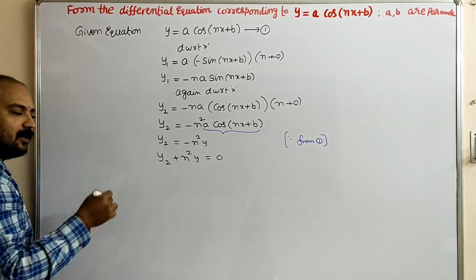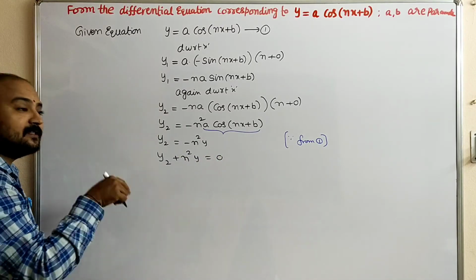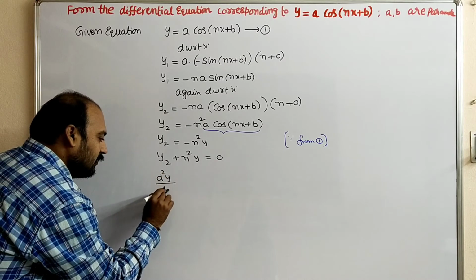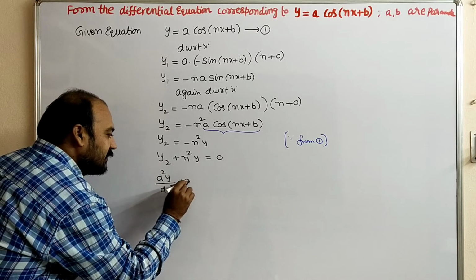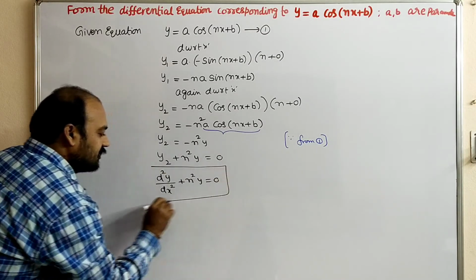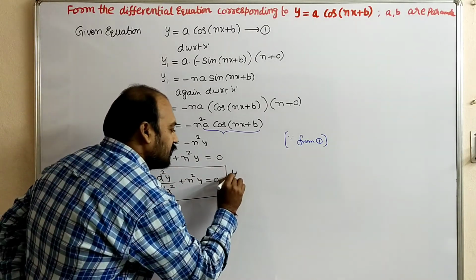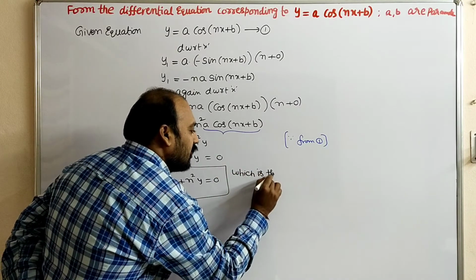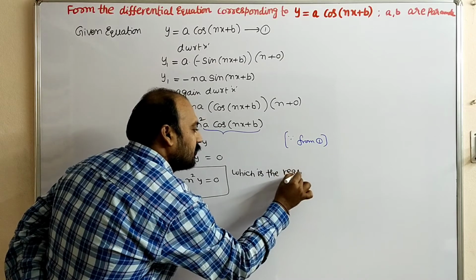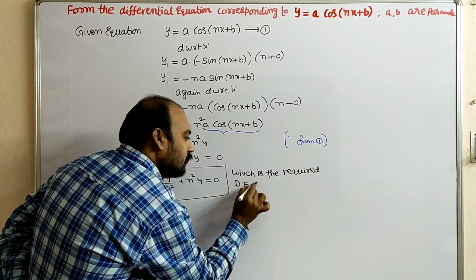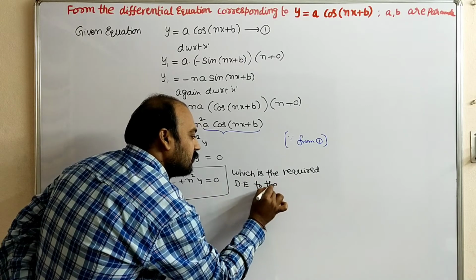In place of y2 you have to write d square y by dx square. D square y by dx square plus n square y is equal to 0, which is the required differential equation to the given equation.